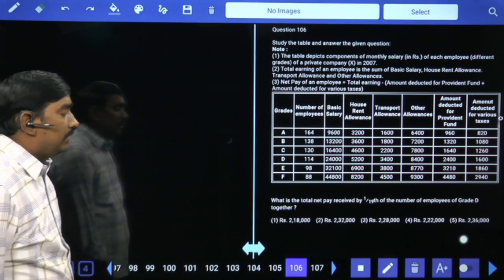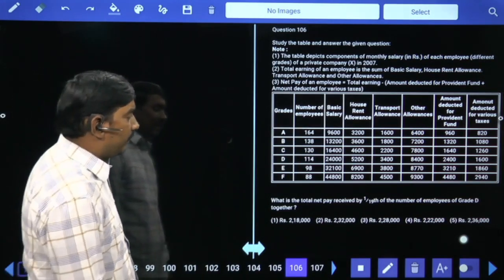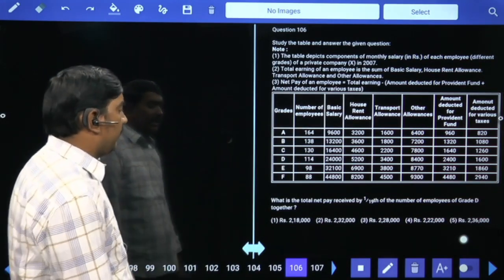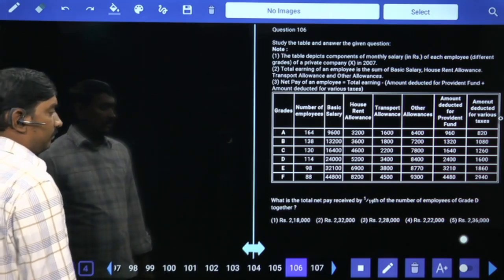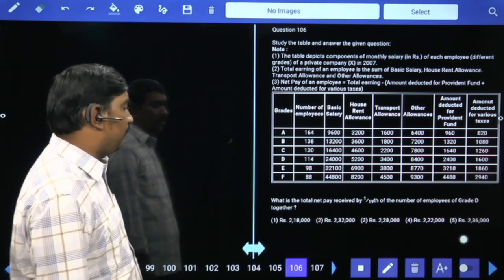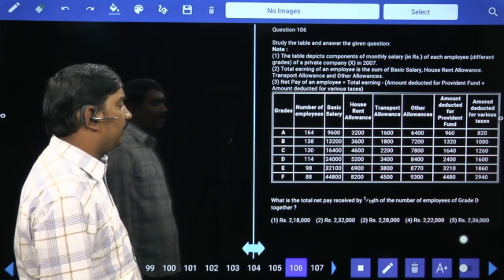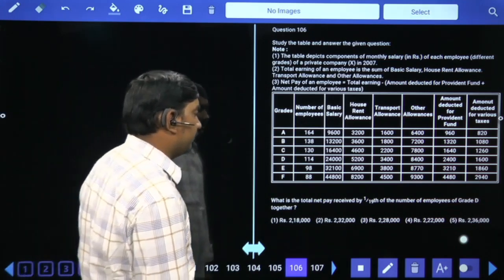Next. What is the total net pay received by 1/19th of the number of employees of grade D together?